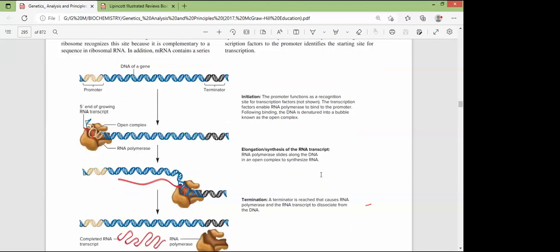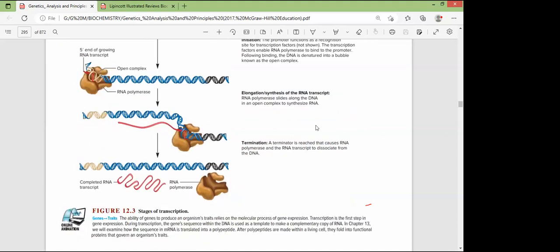That is what we need in the initiation step: a transcription factor, which will enable RNA polymerase to bind to the promoter. Remember, when we were looking at replication, we saw DNA polymerase, which makes DNA. Now we are looking at making RNA, and here we see RNA polymerase. Once RNA polymerase binds to the promoter region, it synthesizes the messenger RNA.